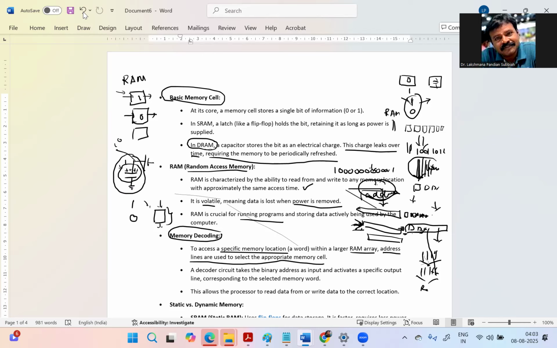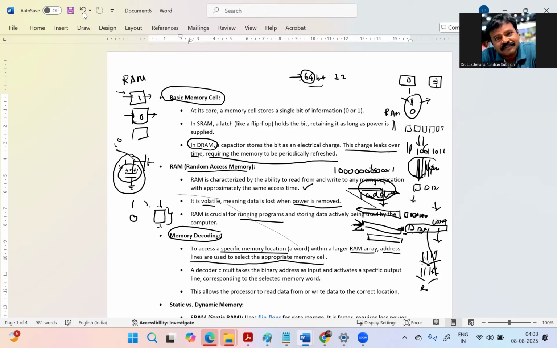So this is one word. It may be 8-bit, 16-bit, or 32-bit. Currently we have 64-bit data in computers.